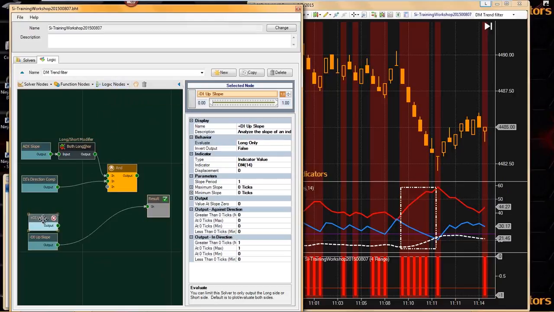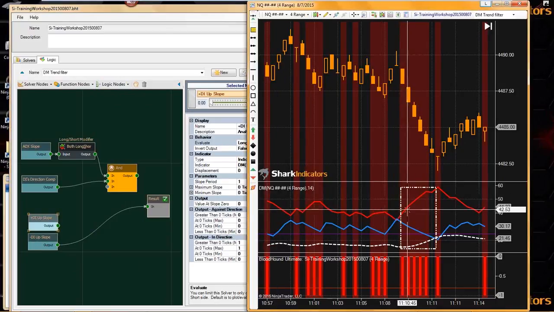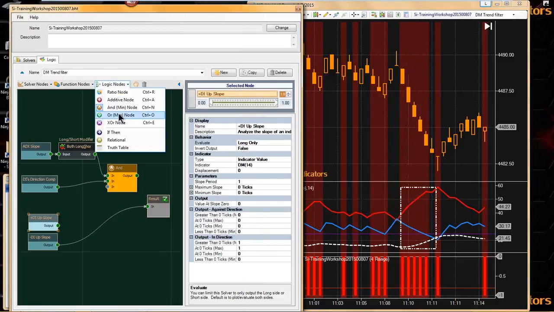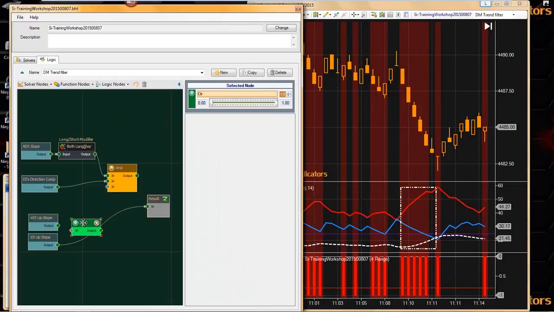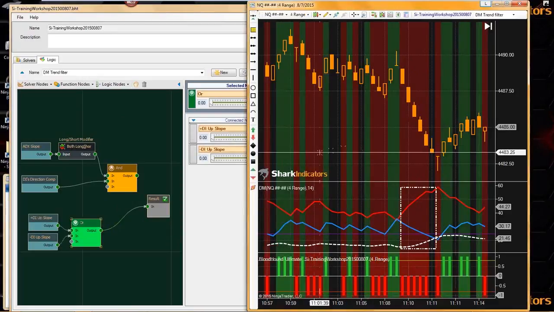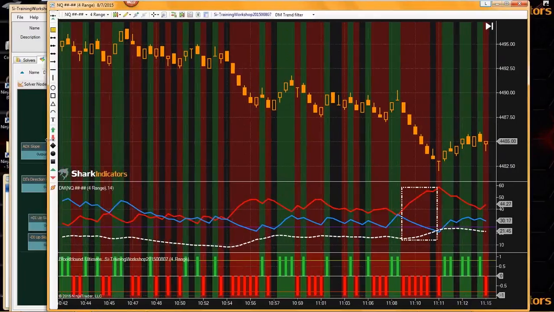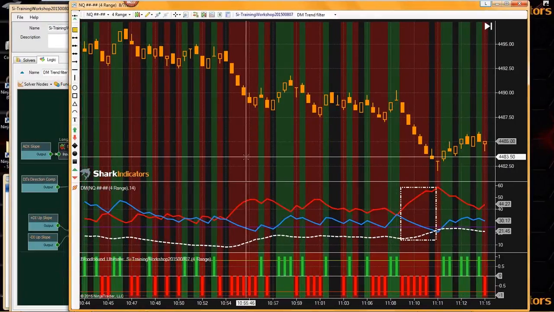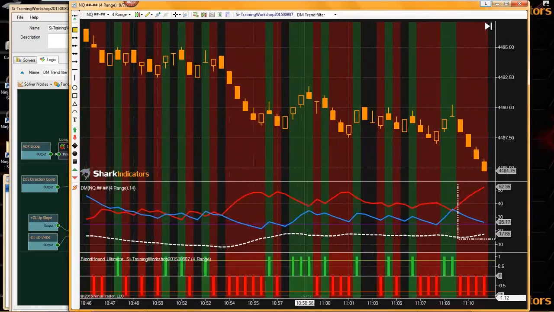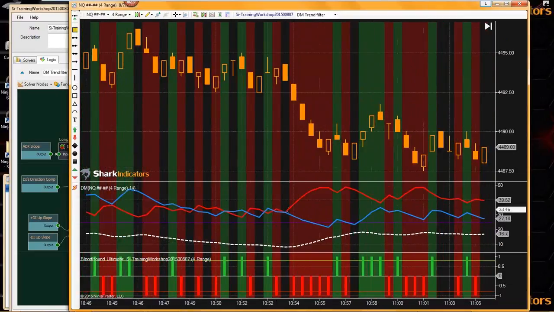Now, essentially it's taking two solvers to identify when the DI minus is sloping up or the DI plus is sloping up. So what we're going to do is join this together with an OR node, like so. Let's take a look at this. So this is just what we want.